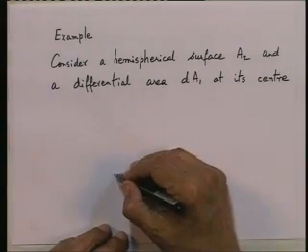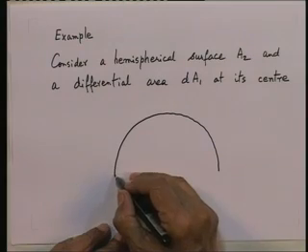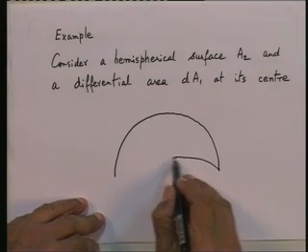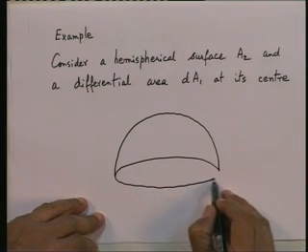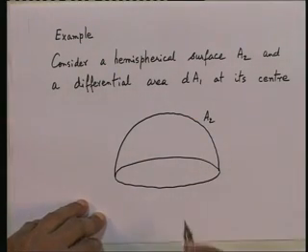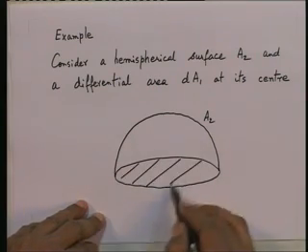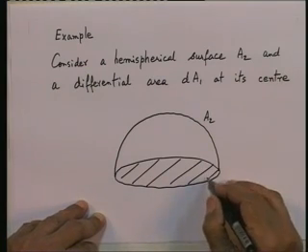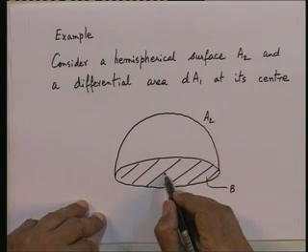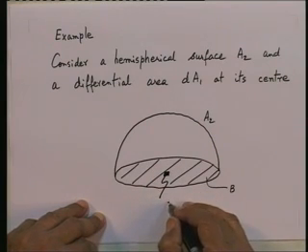Suppose now I have, let us say, this is a hemispherical surface which I will call A2, and the plane surface closing it at the bottom we will call B, and at its center here let us say this is dA1.